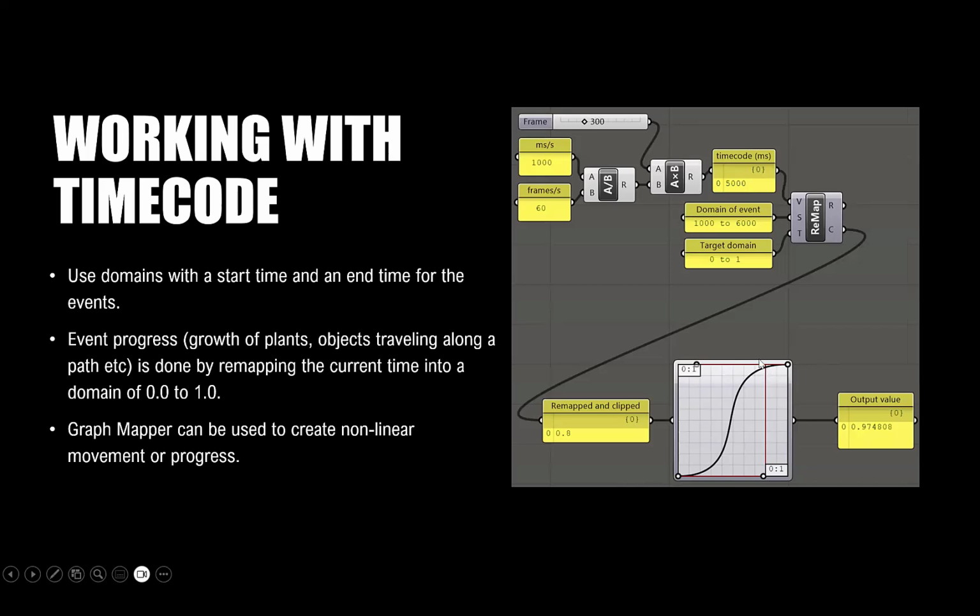So this is a really easy way of controlling things. It can be something that grows, or something that moves along a curve, for example. This could be used as the t parameter of the curve to move something along it. You could, of course, use the opposite domain from 1 to 0 instead.